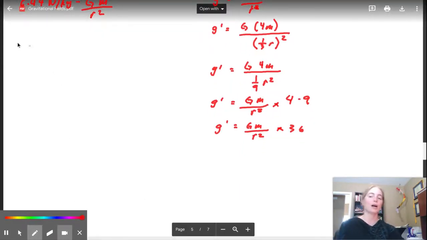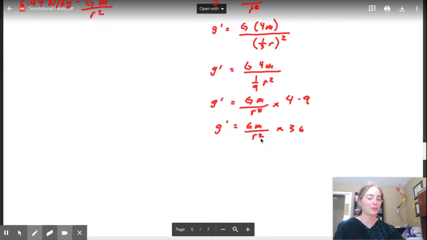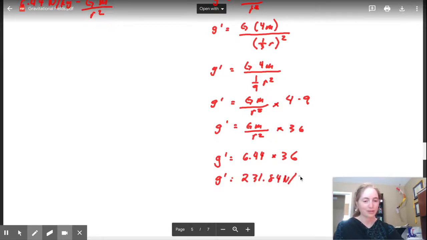Remember from previously, this value here, Gm over r squared, is equal to 6.44. So 6.44 newtons per kilogram times 36. Your G prime, ladies and gentlemen, is going to be 231.84 newtons per kilogram.